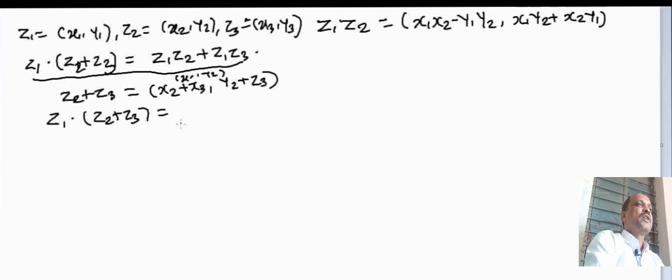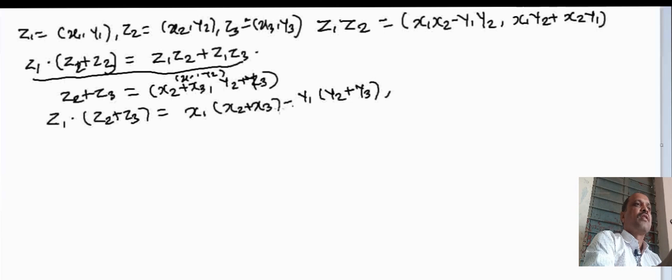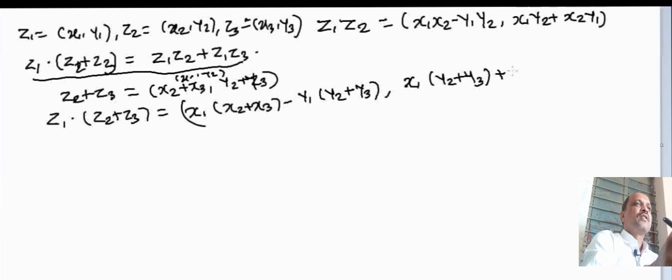So, (x1 into (x2 plus x3) minus y1 into (y2 plus y3), x1 into (y2 plus y3) plus (x2 plus x3) into y1).